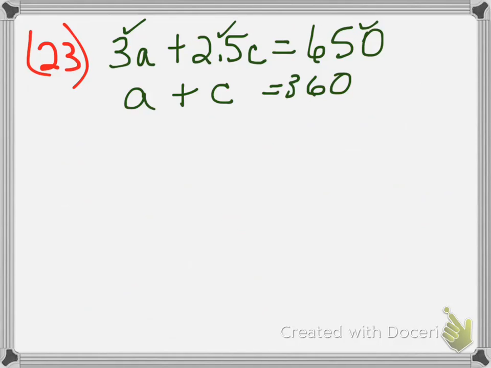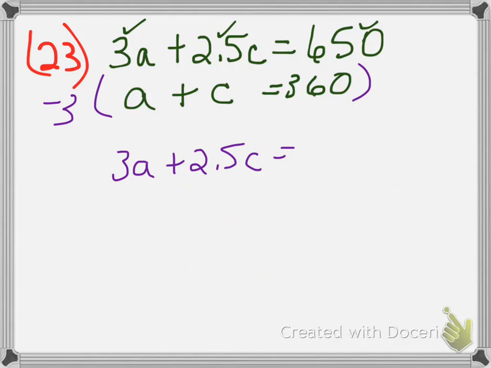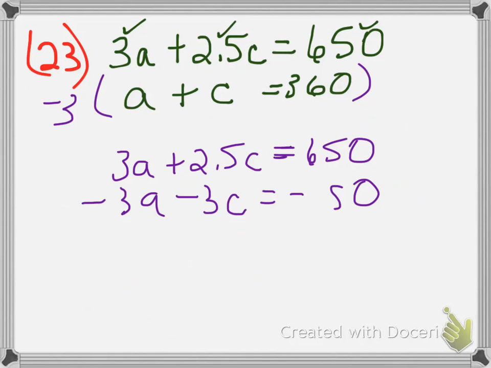So if we wanted to use elimination on this problem, we could take the bottom equation and multiply it by negative 3, because that will make the top problem stay the same, but the bottom problem will become negative 3a minus 3c equals negative 1080.